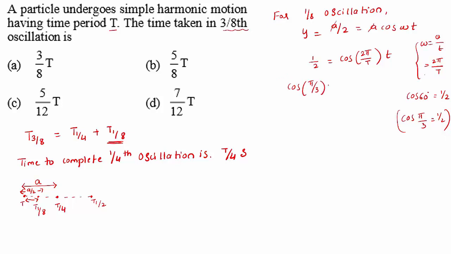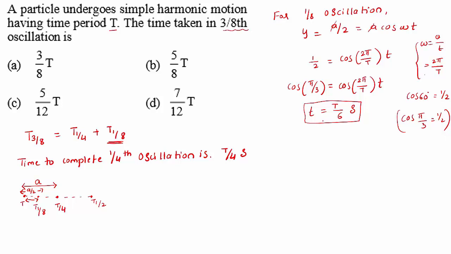Cos pi by 3 equals cos of 2 pi by T into small t. So calculate this value. We will get small t equal to capital T divided by 6 seconds. Is it clear? So when we calculate the above equation, we get the time interval as T by 6 seconds.